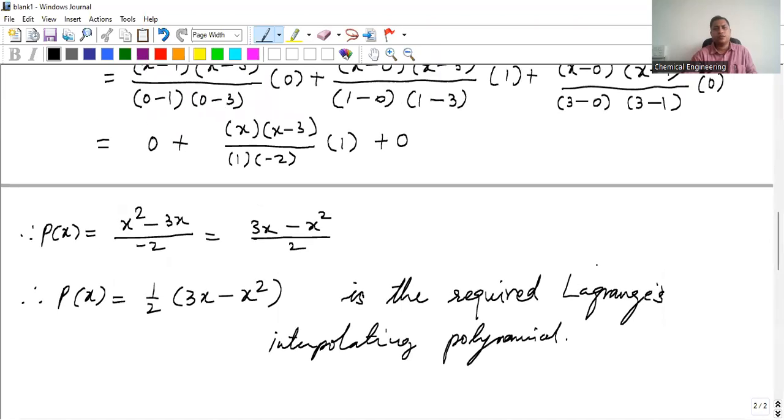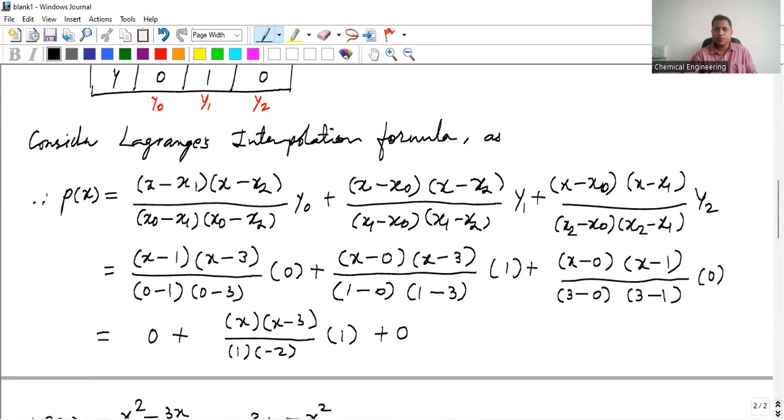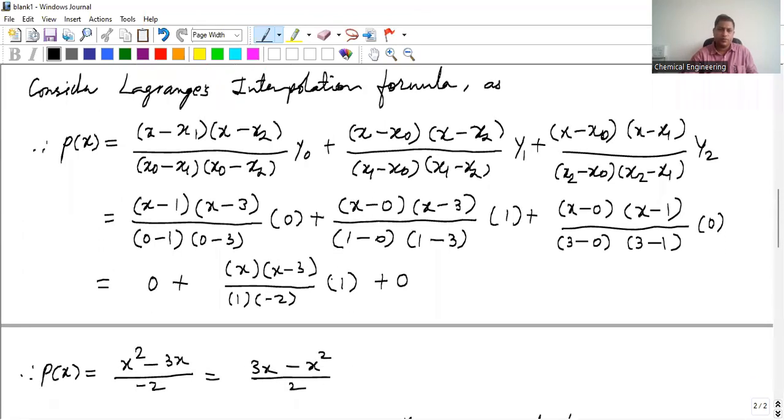Okay, so this is the polynomial. So here in the first term we have this 0, so this term will be 0. Here in the last term we have this 0, so this term will be 0. So only term remains is the second term, and that's why we simplify it. So we are able to get this one.